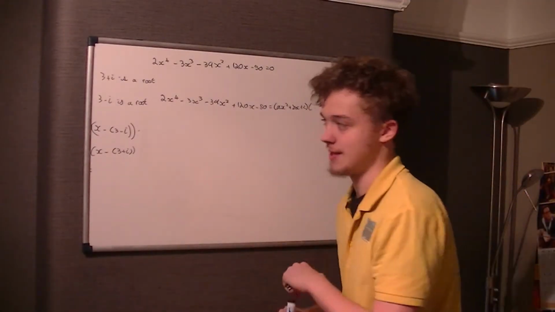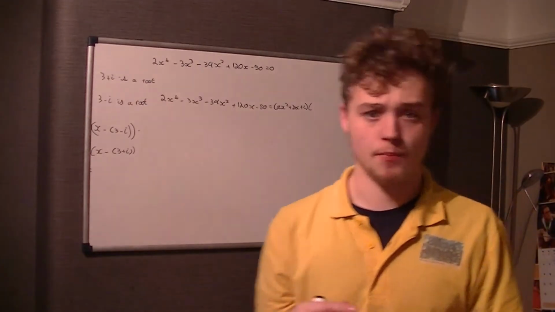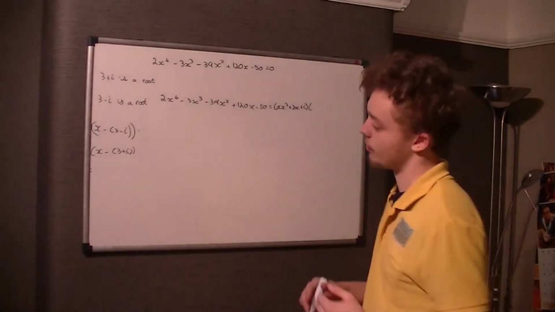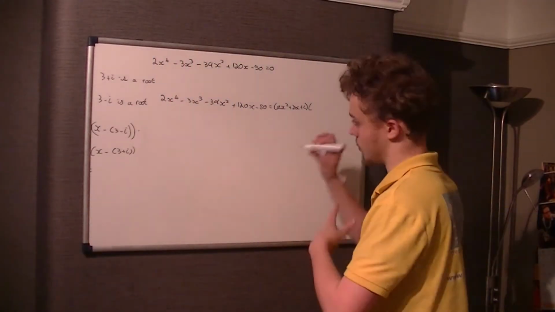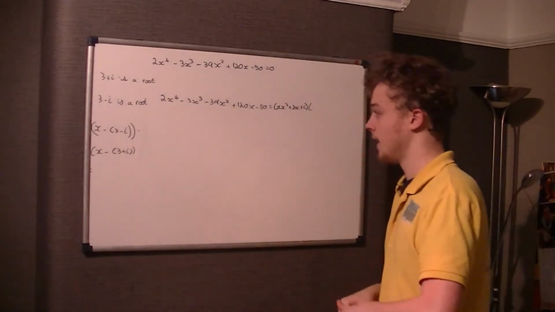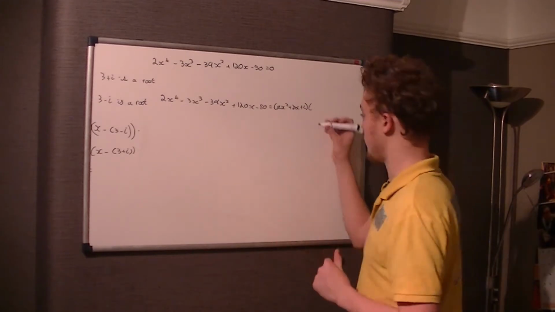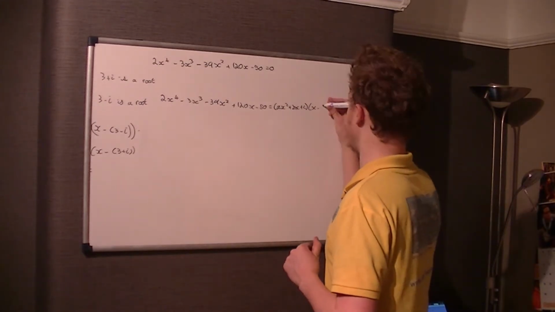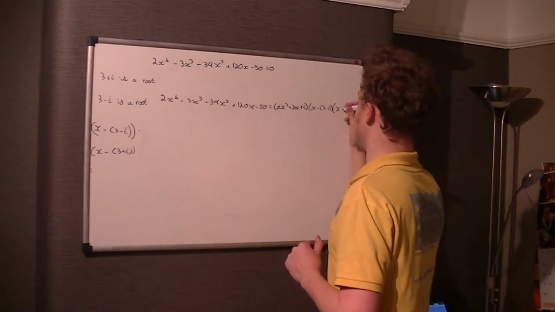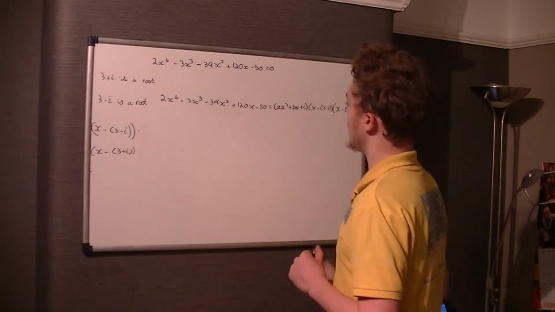Now we can put the roots in and use the standard theory of how we get a quadratic from complex roots, that we did in another video for Pure One. So I'm going to write the roots first, almost going backwards in terms of what we're doing in this video. So it's (x - (3 - i))(x - (3 + i)).